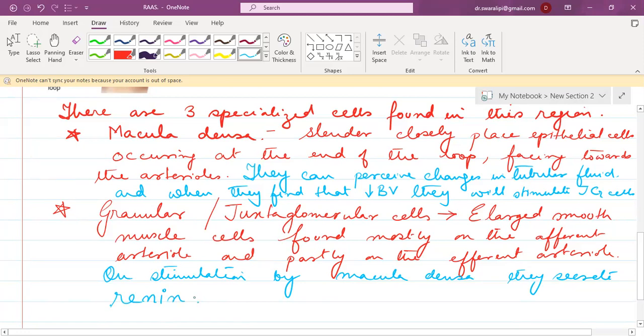Renin is an enzyme which is secreted by the granular cells or the juxtaglomerular cells when the blood volume decreases or the blood pressure decreases. Now children, blood volume and blood pressure are directly proportional. If your blood volume decreases, then automatically your blood pressure will also decrease.